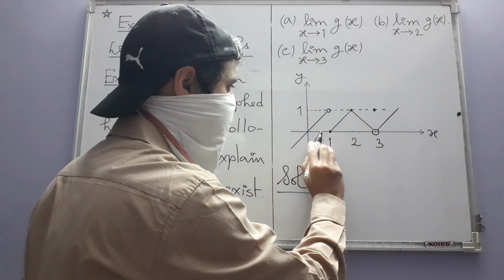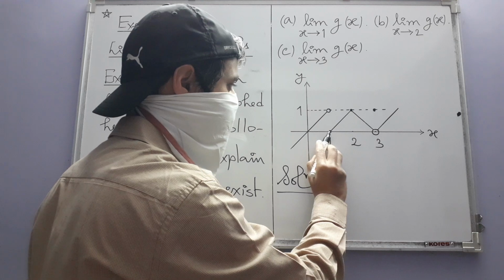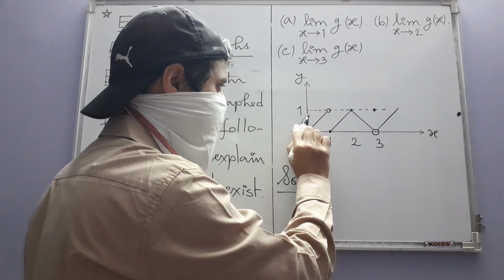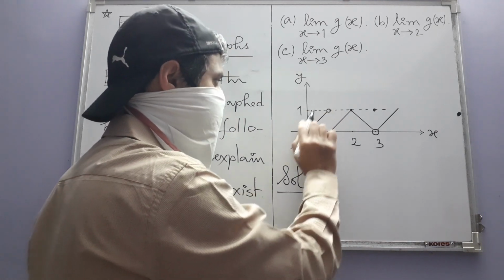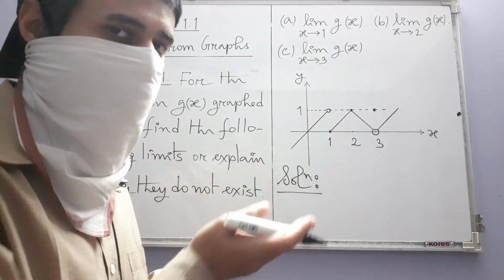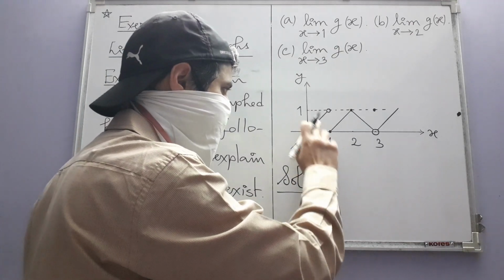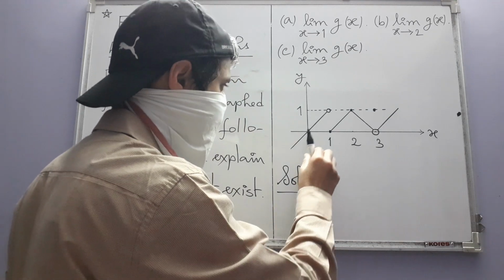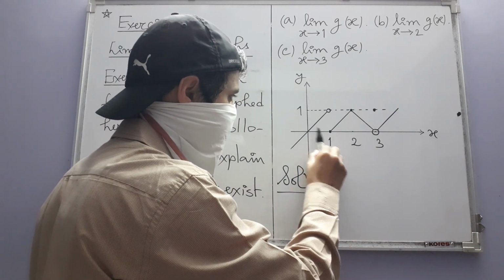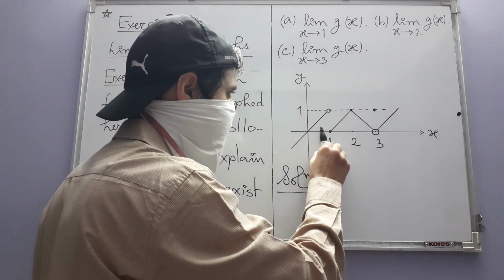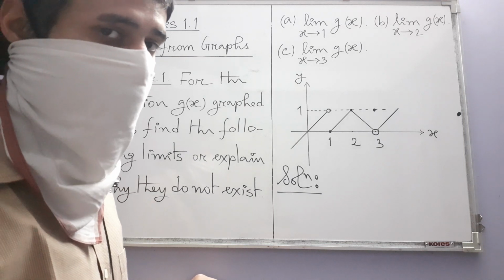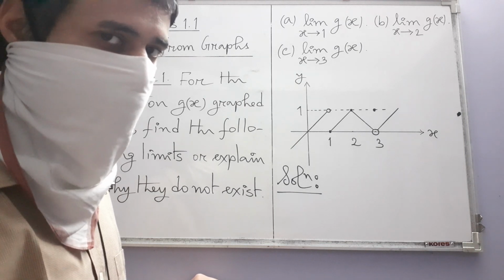And the closer you take the input to 1, always being on the left side of 1, the closer the output value becomes to 1 from the values below 1, that is less than 1. It however reaches 1. That is what I am saying here is that as you bring your x from this side towards 1, your y value goes towards 1. Okay, so it seems like that the limit should be equal to 1.